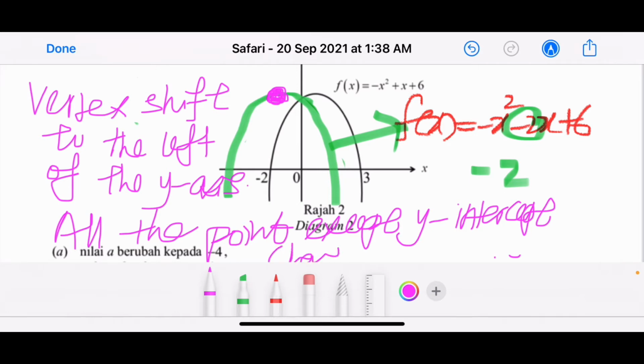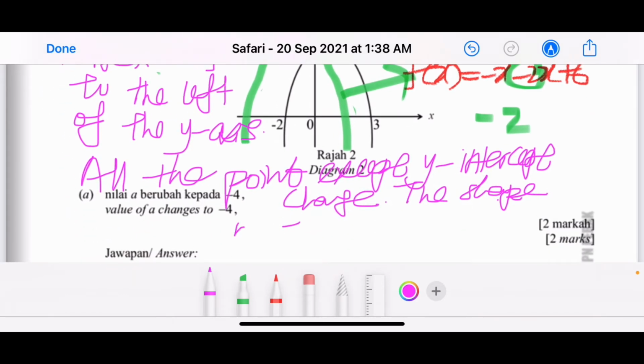But the shape is still an N shape. The shape remains unchanged. So that's how you interpret the changes of the b.